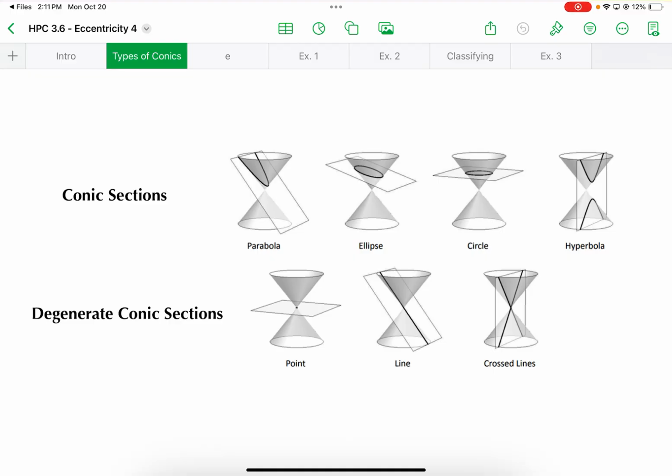And if that were the case, you would have two intersection lines, two crossed lines that intersect at the vertices of the cone, okay? So those are known as degenerate conic sections, all right? And I want you to understand that all of the examples that we covered today would not apply to these special degenerate cases, all right?